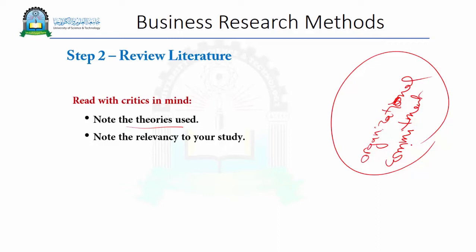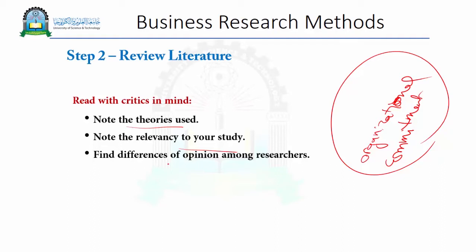The second is note the relevancy to your study. So I read the previous work and find out connections between the current study we are doing research about and the previous research. So relevancy and differences must also be read critically.